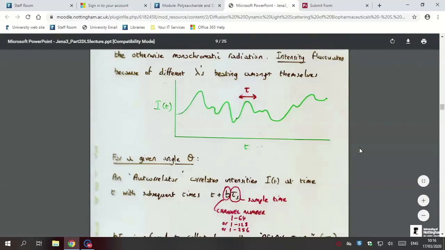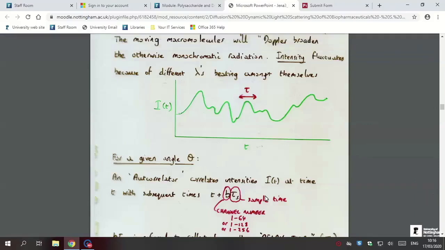So we correlate the intensities at different time intervals, and in the old days we used to have to set this comparison time ourselves, and that would depend on whether we're looking at big particles like bacteria or small particles like proteins and things. The user would have to set the comparison time interval himself, herself.